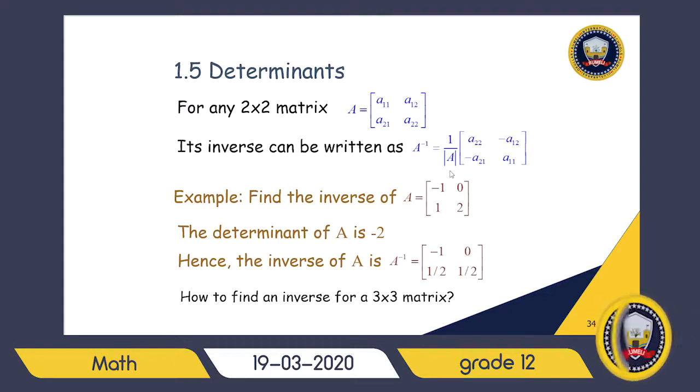So basically we have to find the determinant and multiply by this matrix, so we can find the inverse of a 2 by 2 matrix. And we have this question: how to find an inverse for a 3 times 3 matrix? So today we will talk about how to find the inverse of a 3 by 3 matrix.